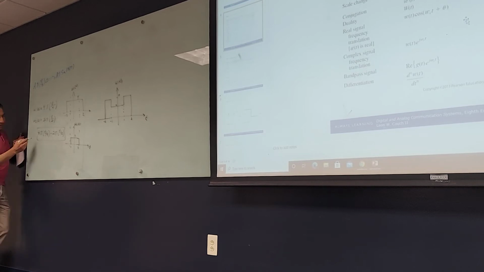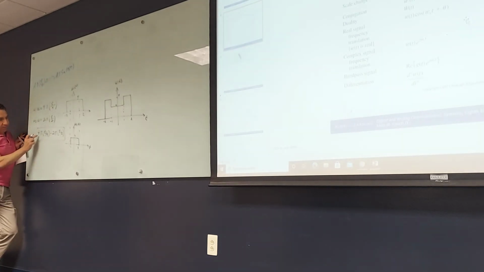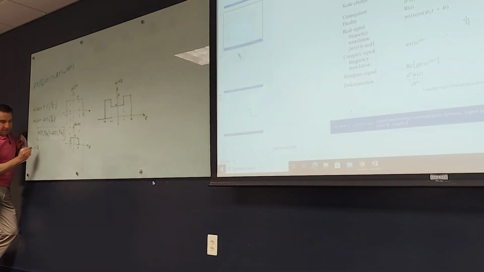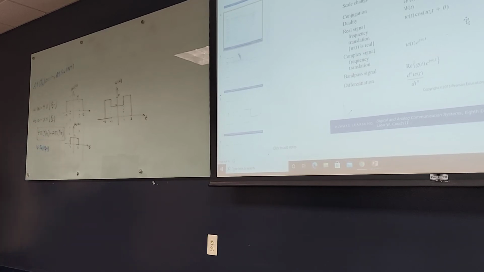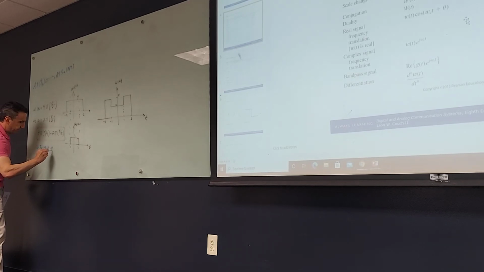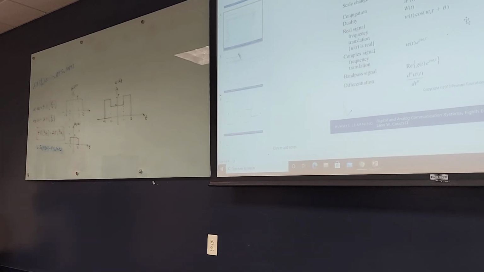So for this one, the Fourier transform is amplitude times duration, which is 16, sinc of πf times the duration, which is 4. And the other one is 4 sinc of πf2.